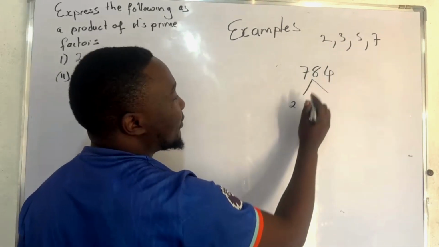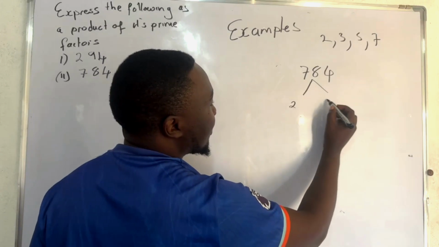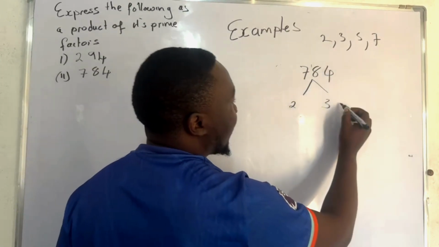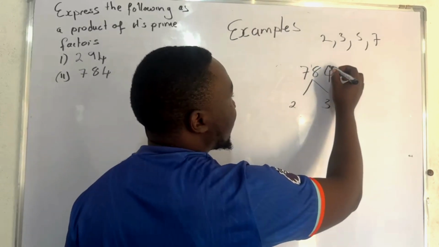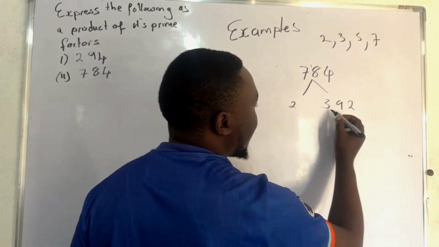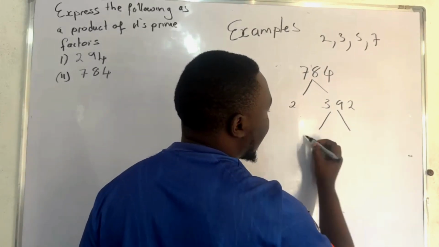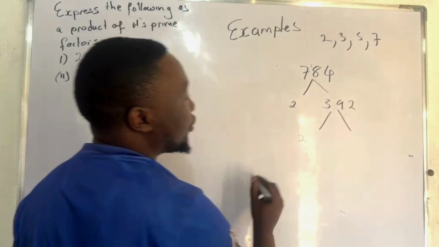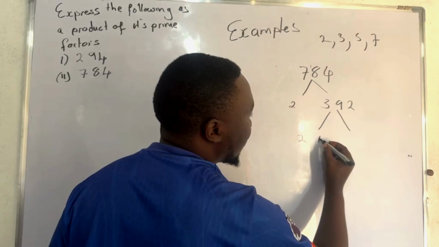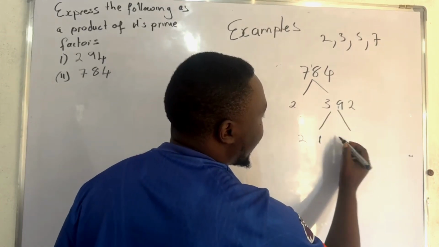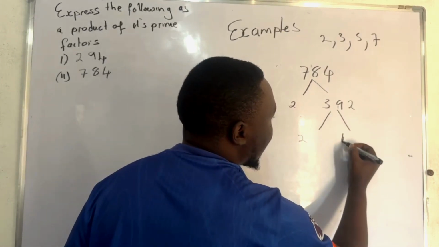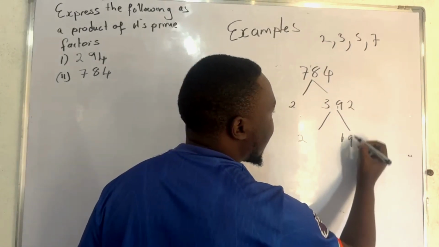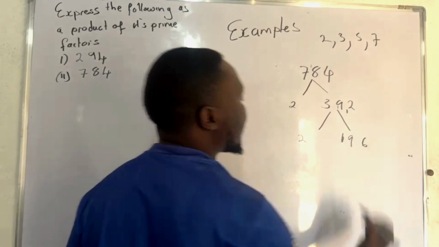2 into this number, we're going to get 392. Then we put our branches again here, 2. 2 into 392, we're going to get 196.